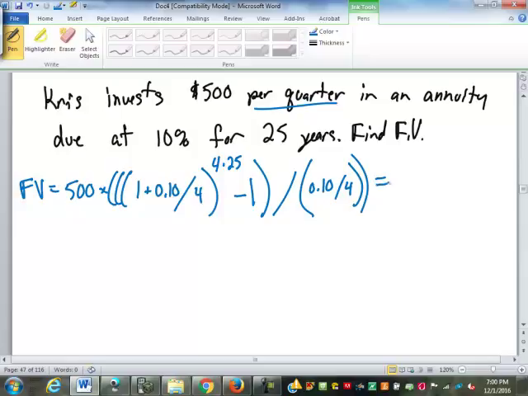Now remember, I hit equals there. Then we're going to divide by 1 plus, or not divide by, sorry, we're going to multiply by 1 plus 0.10 divided by 4.